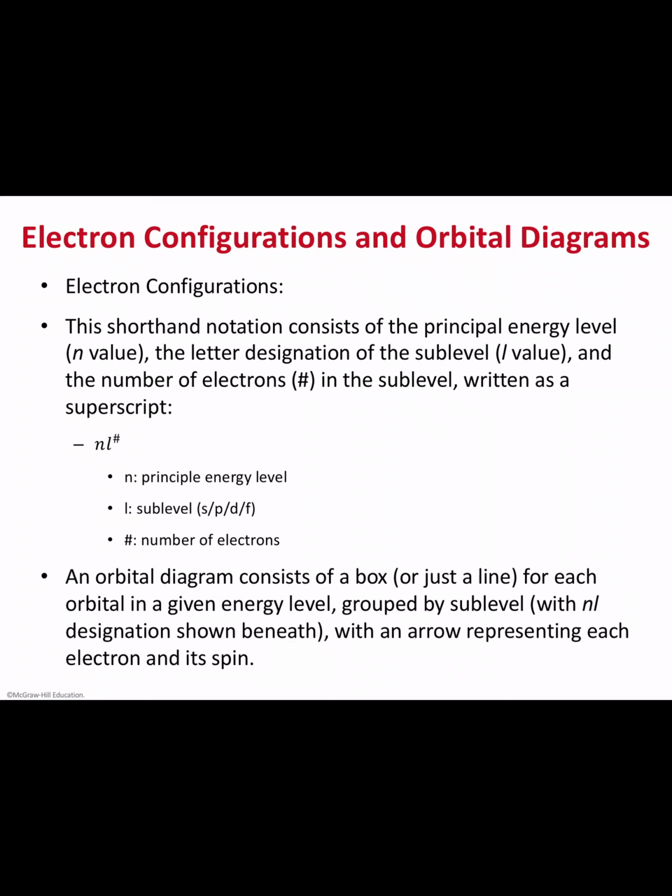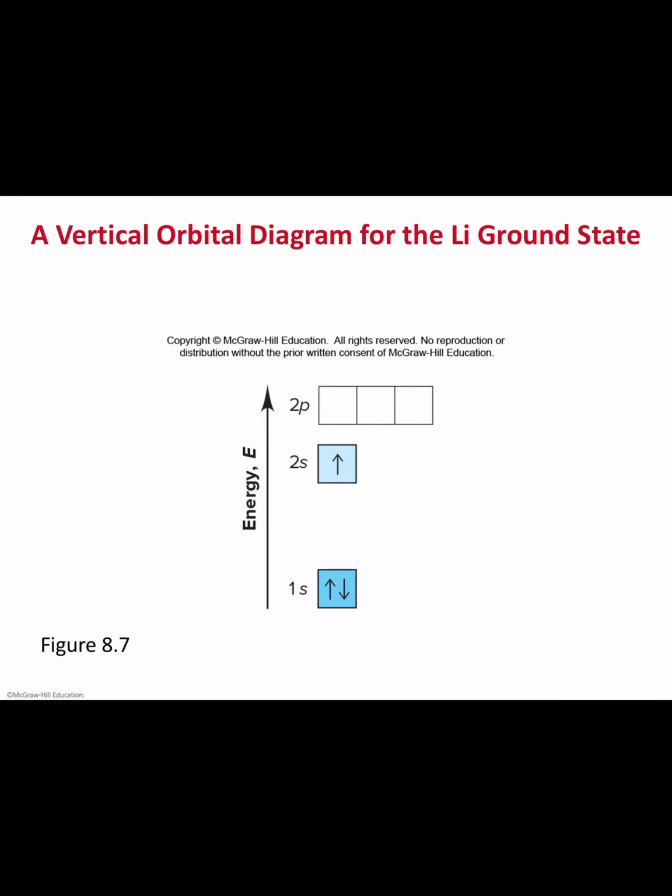Okay, like this. This is a vertical orbital diagram for the lithium ground state. So lithium has how many electrons? Lithium has 3 electrons, right? So the very first orbital that we come across is the 1s orbital.